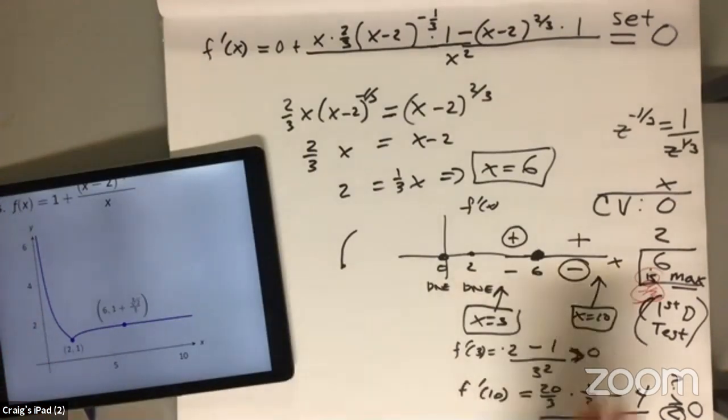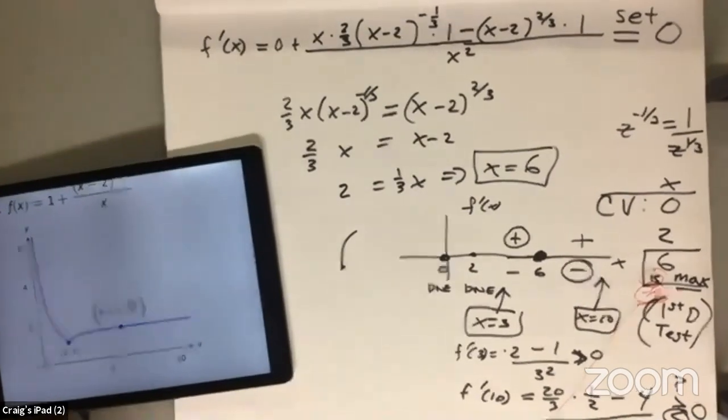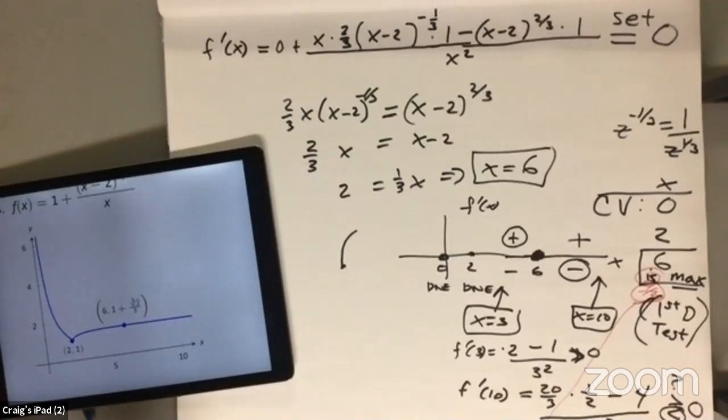So x equals 6 is where the maximum occurs. f of 6 is the max. That's the maximum value of the function, and that's what we're looking for.